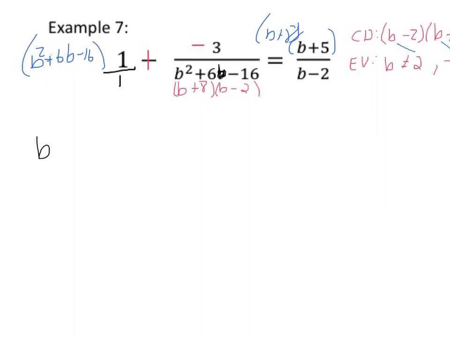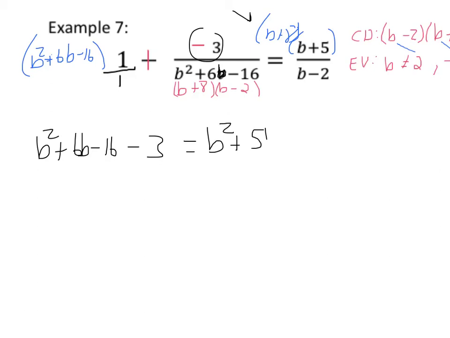So I have a b squared plus 6b minus 16 minus 3, that's this part, equals, and on this side I have a binomial right here that needs to be FOILed. And I get b squared plus 5b plus 8b plus 40.